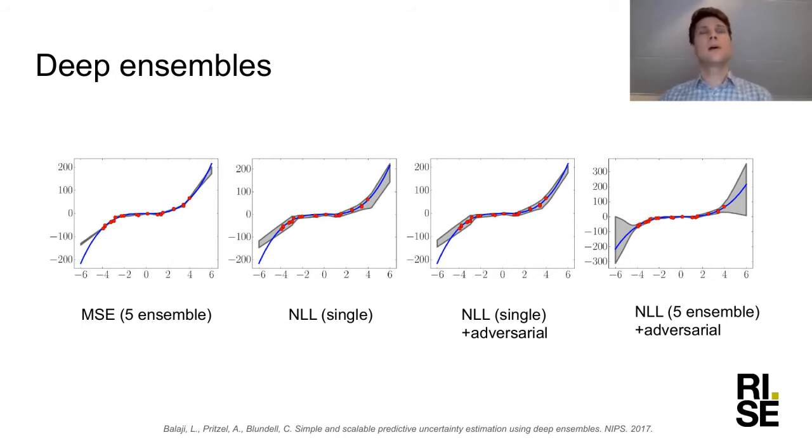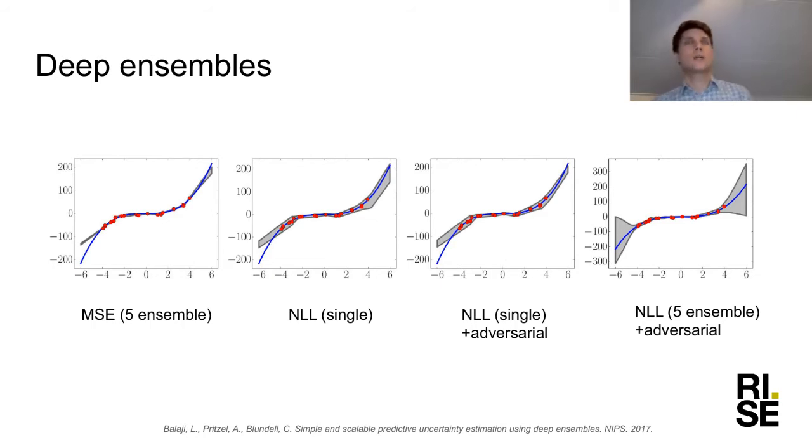Now, a single model trained with negative log likelihood means that the model is outputting the mean and the variance of a Gaussian distribution, in this second column here. It gives some estimate of the uncertainty, but it seems to be rather limited. It doesn't go as large in the variation as we'd like. We'd like to see the blue ground truth line within the distribution.